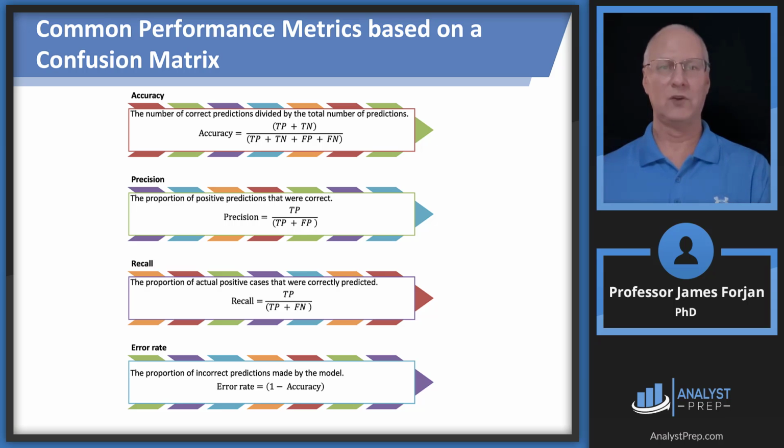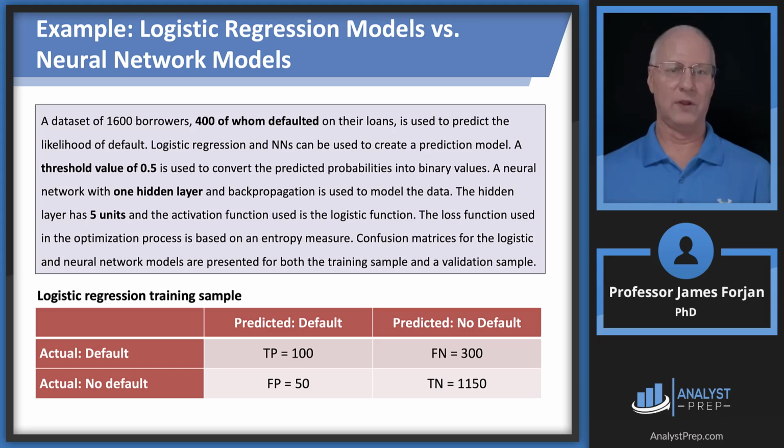You can look at these equations, and if you read through them, they make a lot of sense. It might be worth it for you to get out your phone and take a picture of this, because one of the problems at the end of the reading asks you to calculate accuracy and precision and recall. So you ought to be able to know these for the exam. But let's go ahead and work through an example so that you can see how this is done.